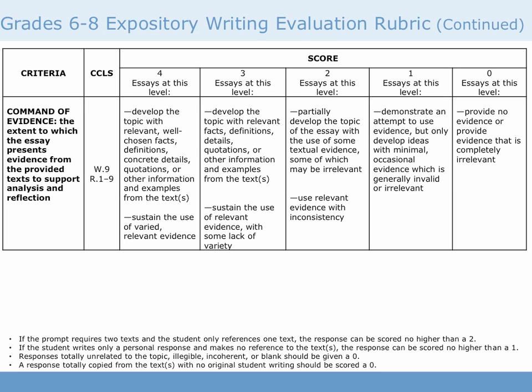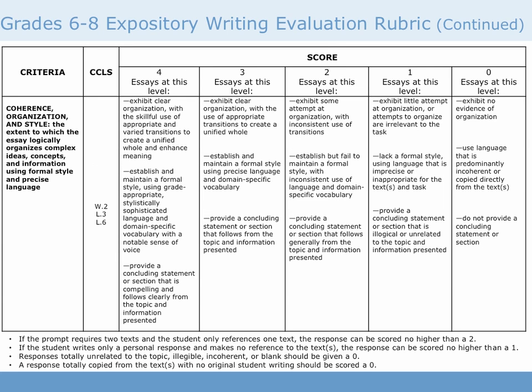If you go back to level 4, it also states that students at a level 4 sustain the use of varied relevant evidence. At a level 3, they sustain the use of relevant evidence with some lack of variety. And at level 2, they use relevant evidence inconsistently. There's no mention at level 1 or level 0 of that factor.